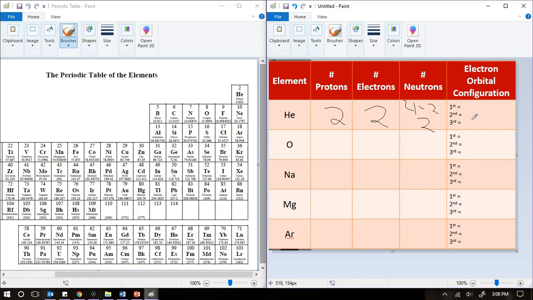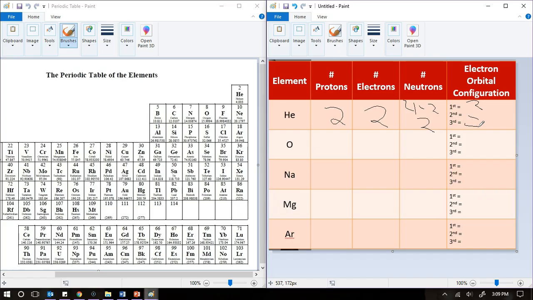And for our purposes, we'll stop at the third orbital. Once you get past that, down into some of these transition metals, things get a little funky, so we'll leave that for chemistry. But let's come back over here. If I've got 2 electrons, I always have to fill the first orbital first, which means I can put 2 in there. I've used up all the electrons that I have, so there won't be any in the second or third.